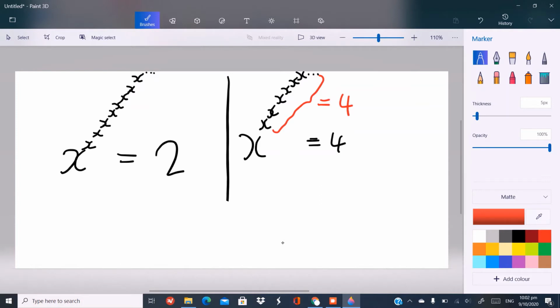So now we get x to the power of 4 equals 4. Now x to the power of 4 is basically x squared to the power of 2 equals 2 squared.